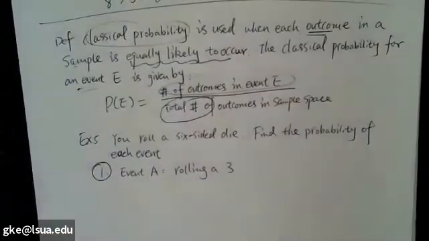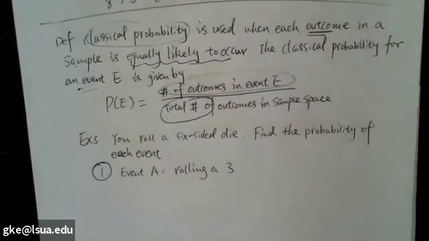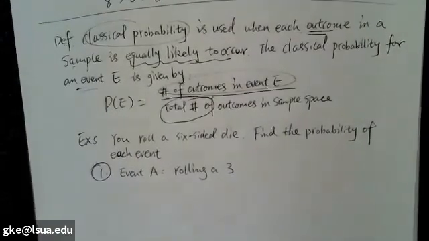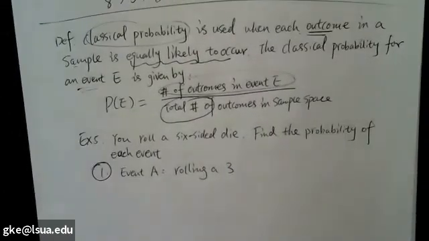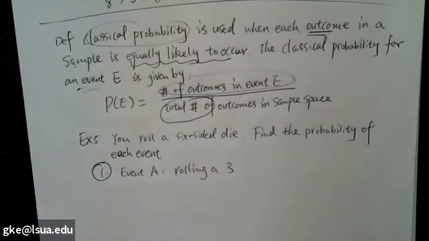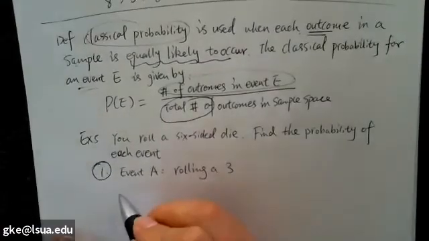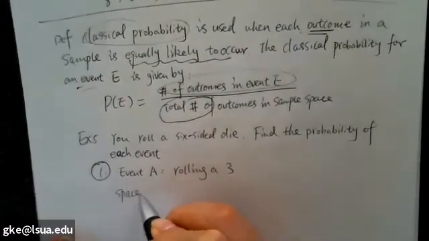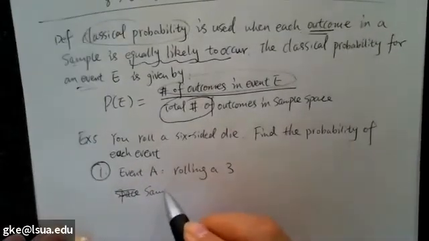Okay. Now, how to calculate this? For these specific cases, you roll a 6-sided die. How about the sample space? Do you have any idea? Sample space? There are 6 outcomes, right?